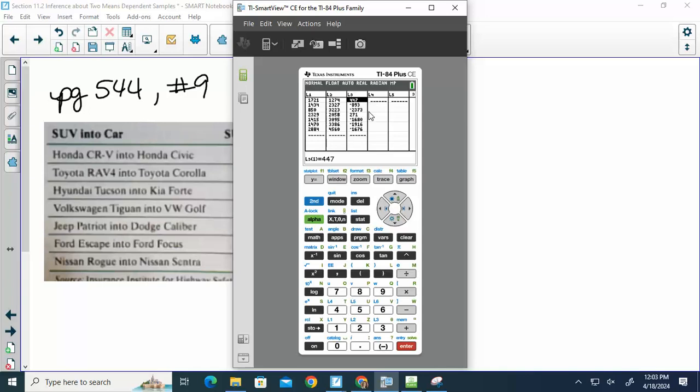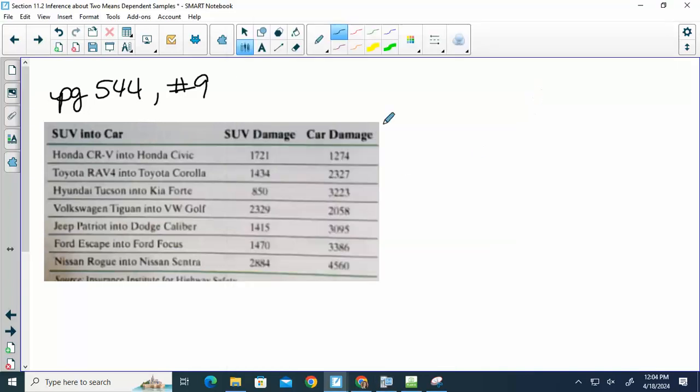Now, if we're going to test something, we need a null and an alternative. The null is assuming there is no difference, so the mean of the difference is 0. For the alternative, the question is, if an SUV and car are in a collision, does the SUV sustain less damage?